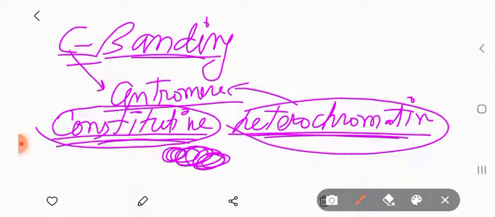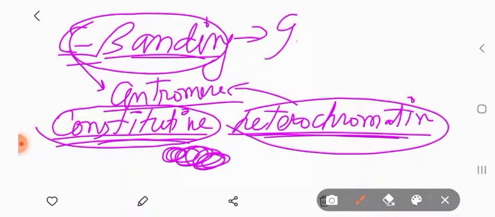C banding is a specialized Giemsa staining technique. Here also we use Giemsa stain, but in a different way. Just like I said in R banding that we heat the chromosomes before staining with Giemsa, here also there will be some modification in the technique before applying the Giemsa stain.